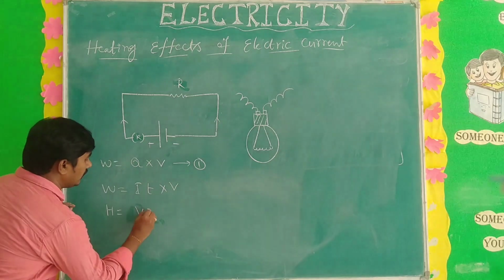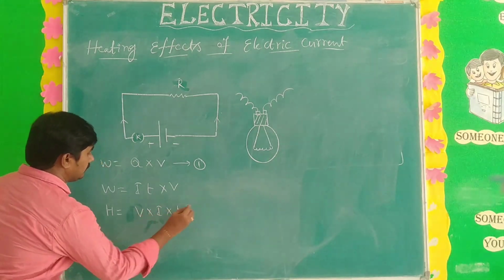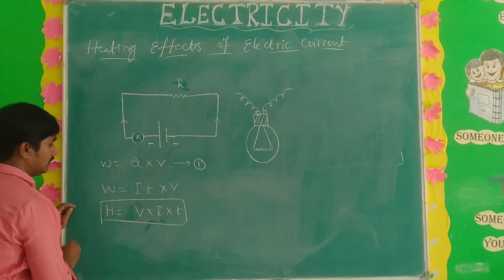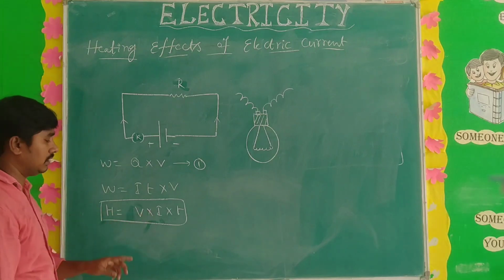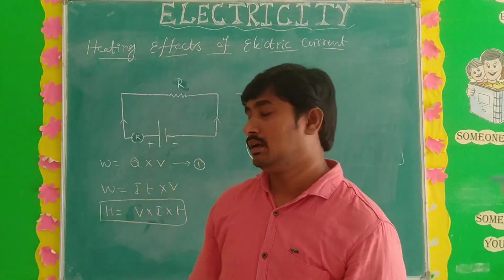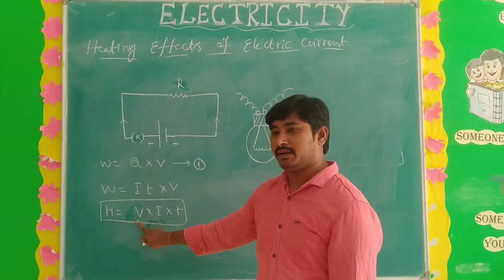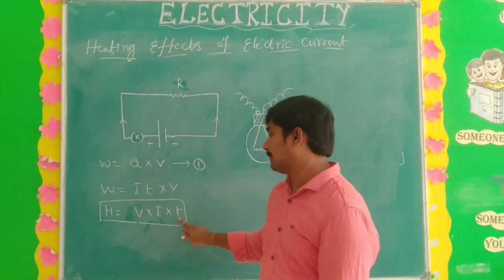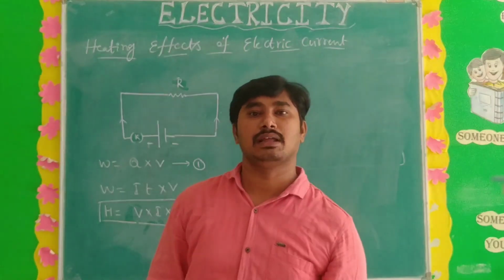H is equal to V into I into T. This is the formula for heat energy: H is equal to VIT, which means heat energy is equal to potential difference into current into time.